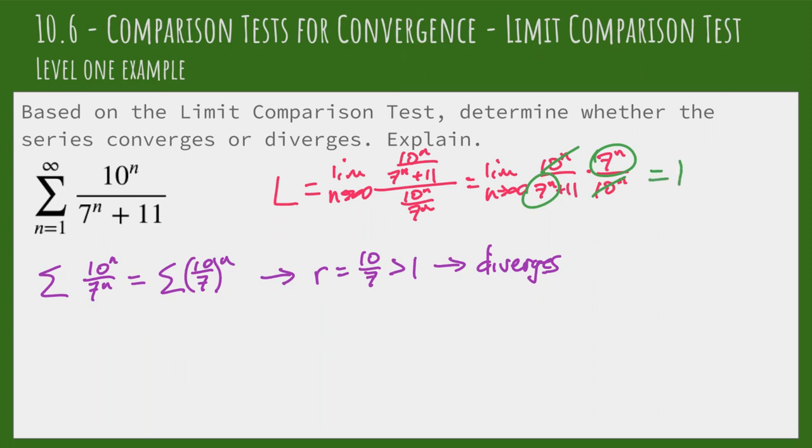This limit is 1. So since that limit is non-zero and finite, that means that our comparison series and our test series are both going to do the same thing.